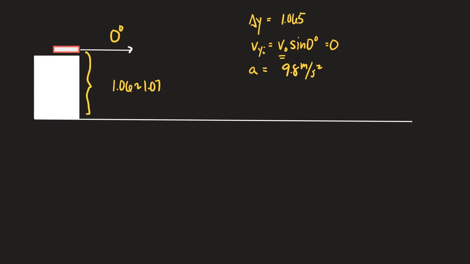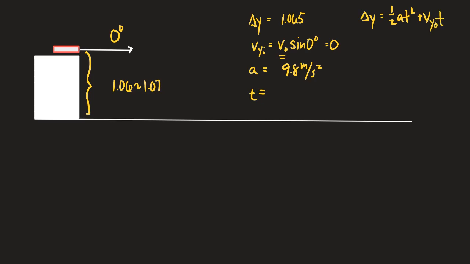Now, you'd like to figure out how long it takes to reach the ground. You need that piece of information first. So with what's here, I would probably recommend you use delta y equals 1/2 a t squared plus vy naught times t.